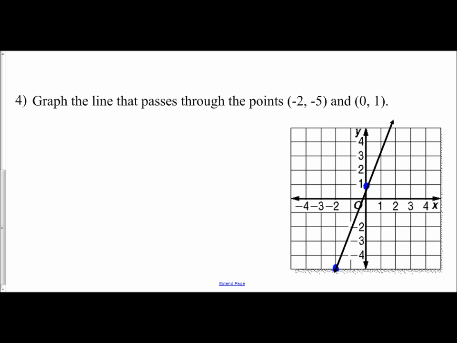Now, we can always find the slope using the slope formula, y2 minus y1 over x2 minus x1, especially because I do have two coordinates. However, if you're trying to find the slope from a graph, remember slope in basic terms, the way you learned it before, is rise over run.